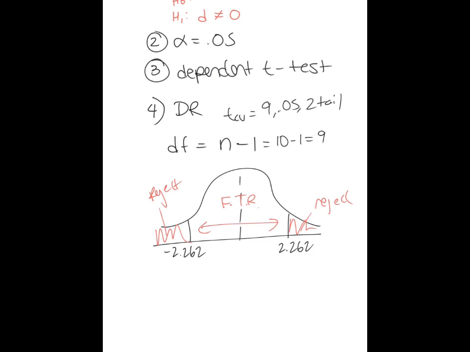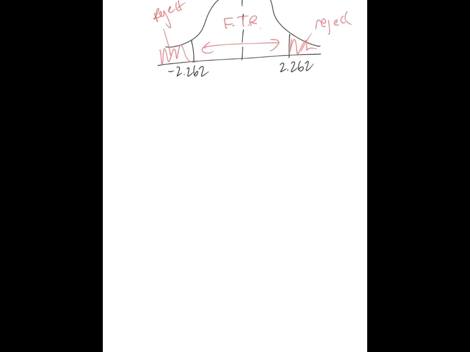All right, so step 5 is a little bit different now. For step 5, we need to do a little bit of work. We need to calculate a statistic as you saw in that distribution. Remember the t statistic is d bar over sd divided by the square root of n.